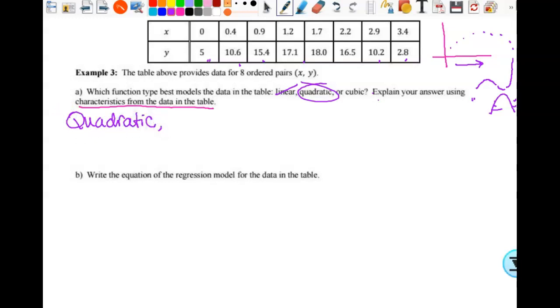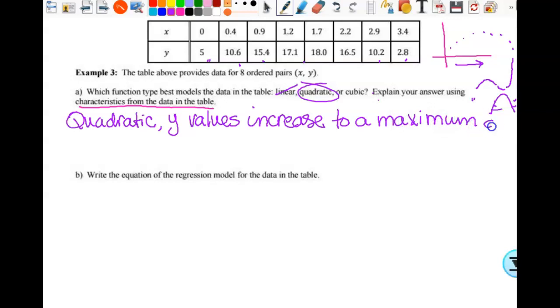We can say that the Y values increase to a maximum at about... so we don't know exactly where the maximum is.